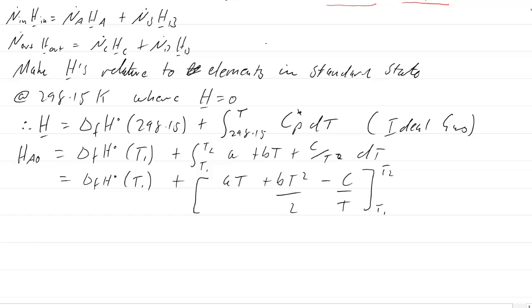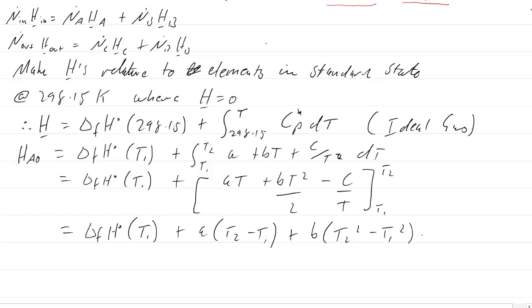Okay, so now just solving the integral, or subbing in the values for the integral, heat of formation at T1 plus A times T2 minus T1, plus B on 2 times T2 squared minus T1 squared, plus C outside of the inverse of T1 minus the, or sorry, the inverse of T2 minus the inverse of T1 in there, and that should be a minus sign before the C there, so we'll just put that in.